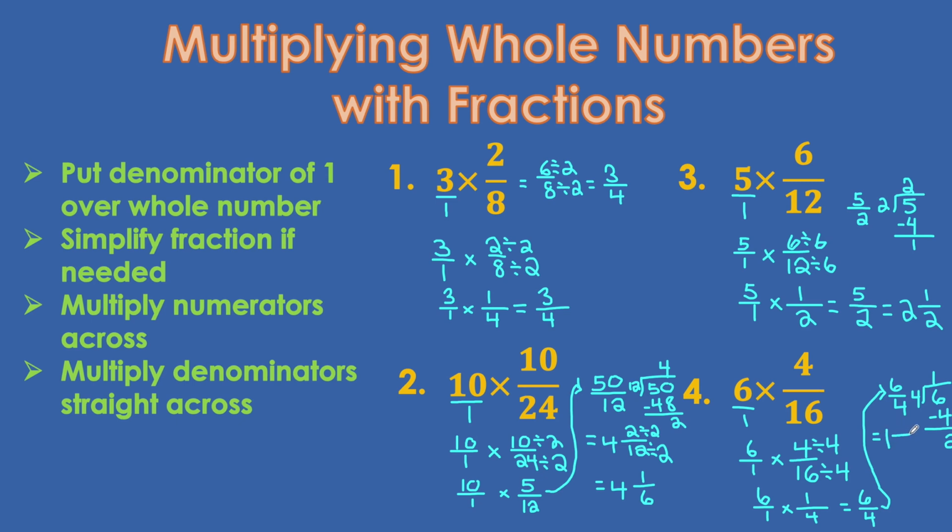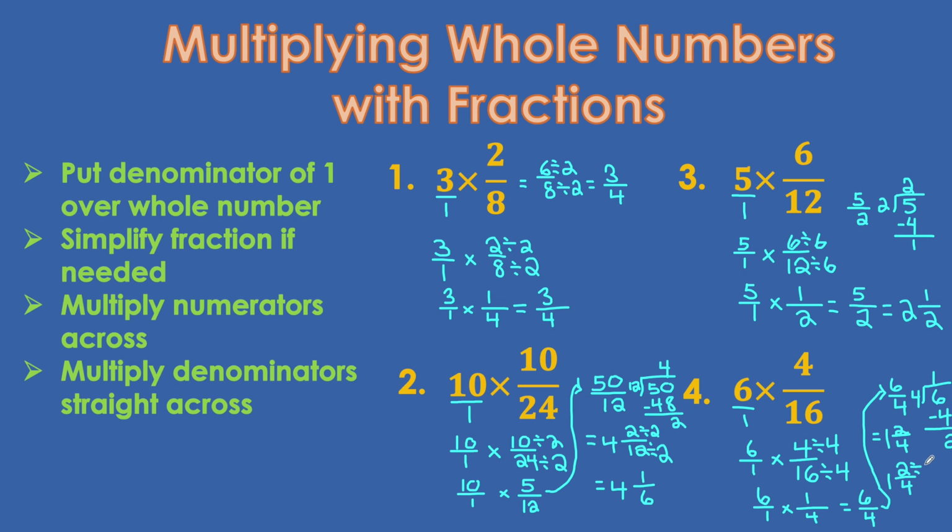Our remainder, which is the 2, as the numerator. And our denominator, which is the 4. And we can simplify this even further. We can divide the top and bottom by 2.